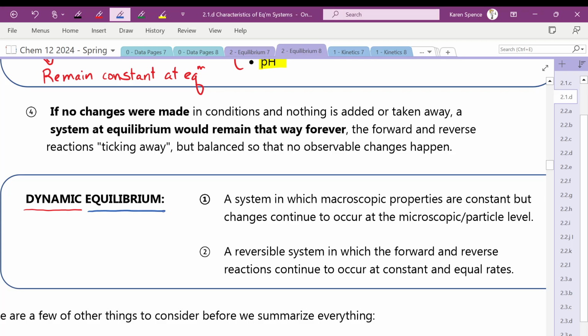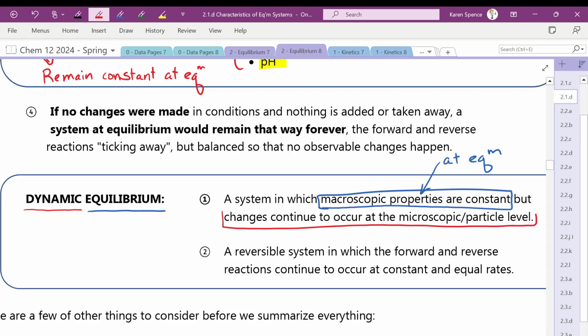So in our first definition, the macroscopic properties are constant, and that part tells us that we are at equilibrium. But changes continue to occur at the microscopic or particle level.